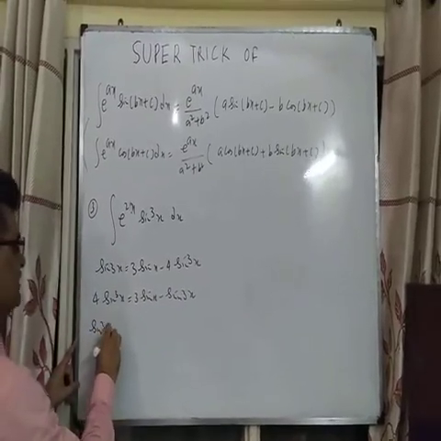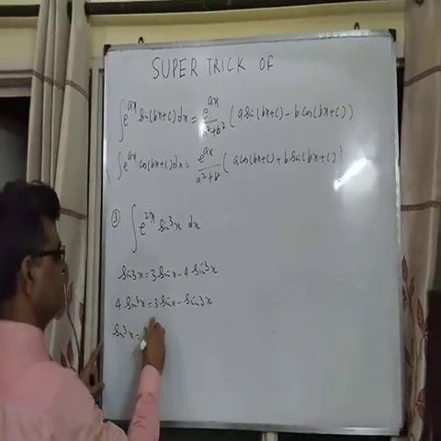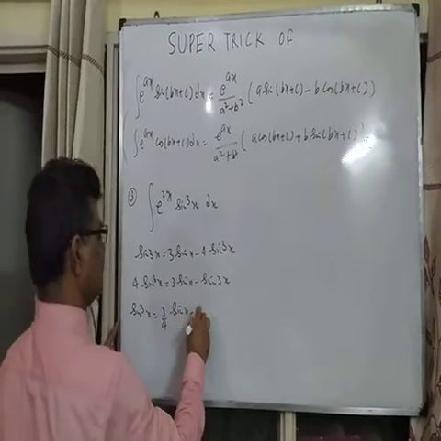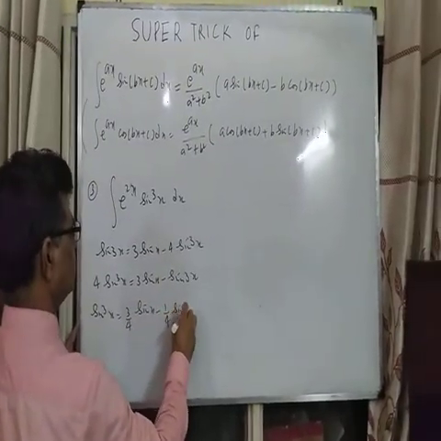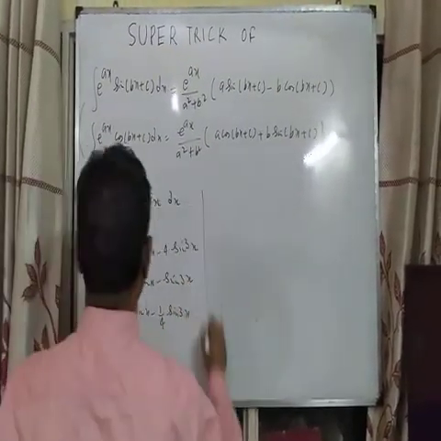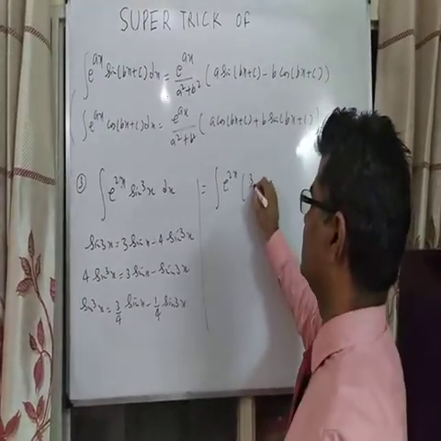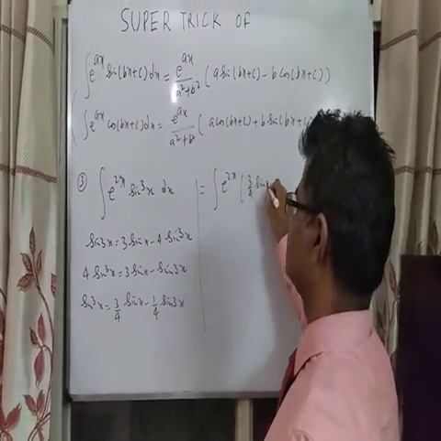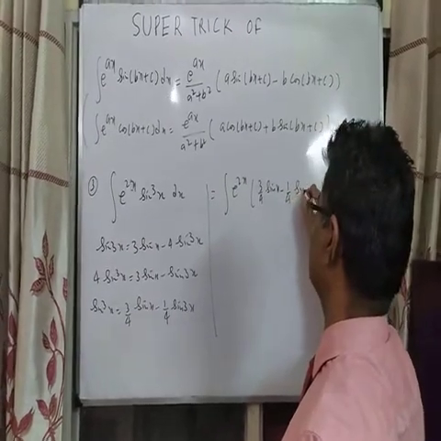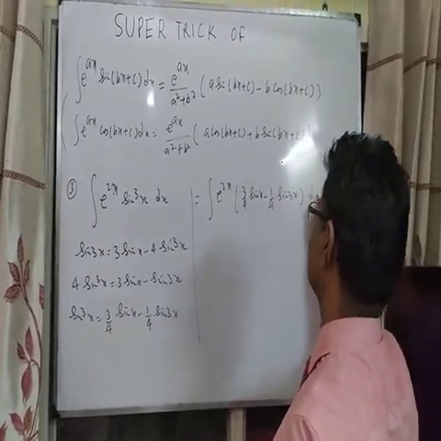So sin cube x can be written as 3 by 4 sin x minus 1 by 4 sin 3x. Now this integration can be written as the integral of e to the power 2x (3 by 4 sin x minus 1 by 4 sin 3x) dx.